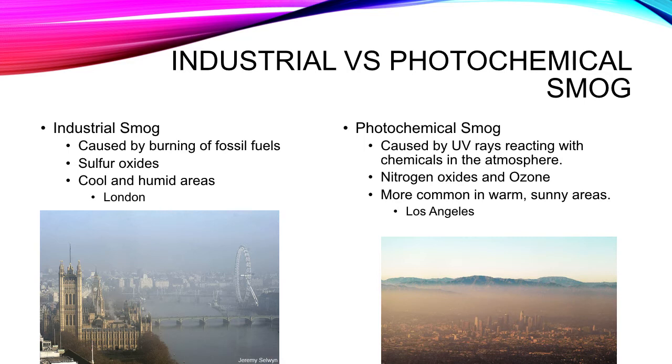Industrial smog is more common in cool and humid areas like London. Photochemical smog, on the other hand, is caused by UV rays reacting with chemicals in the atmosphere. A lot of times those are nitrogen oxides and ozone, but can also be carbon monoxide. Photochemical smog is much more common in warm, sunny areas like Los Angeles.